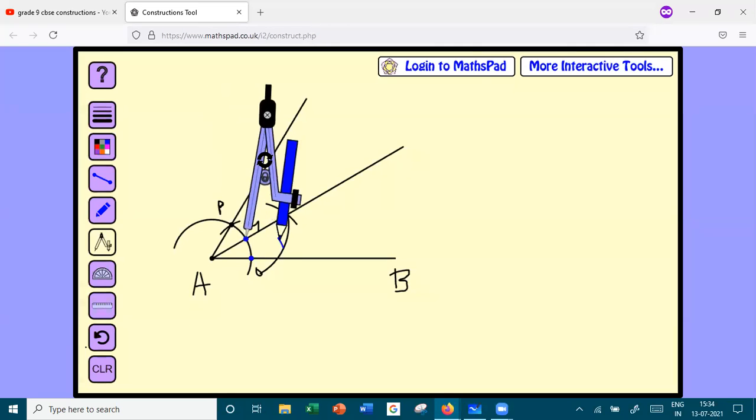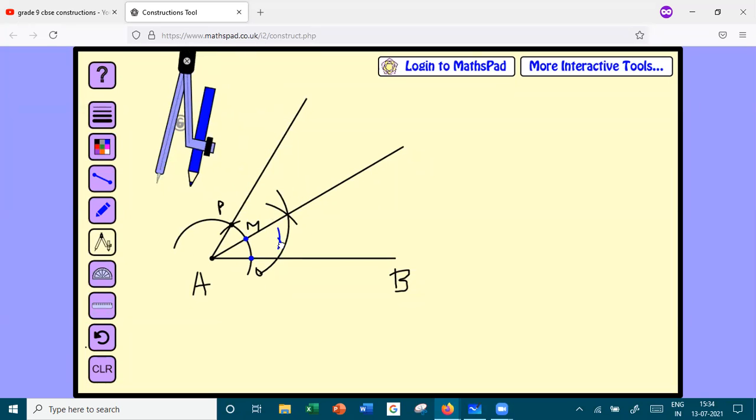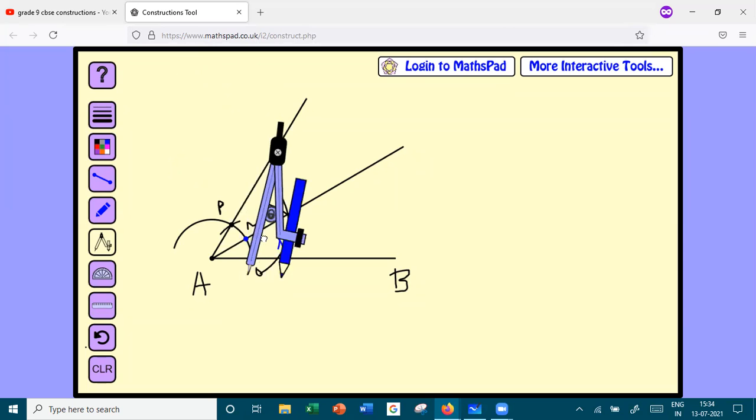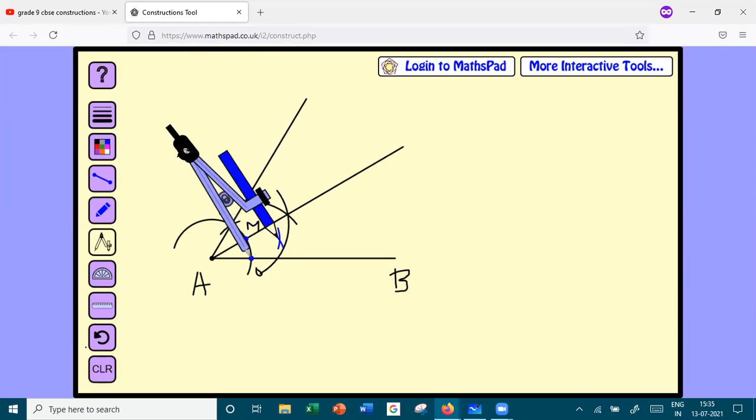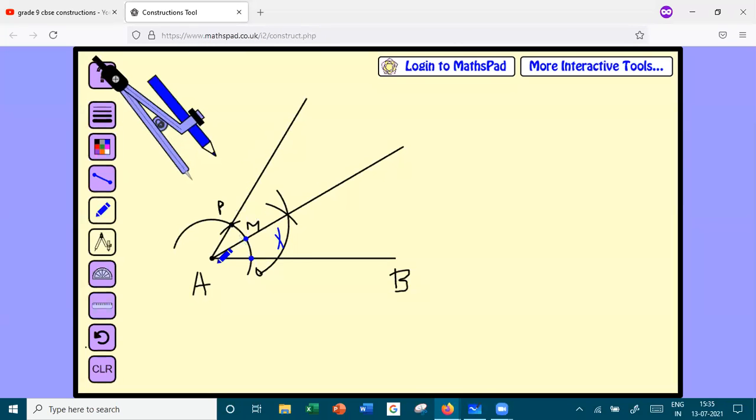Ma'am, can we name it as N? The point? Yes, you can name it as anything.